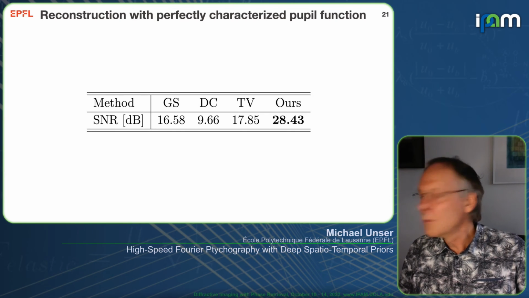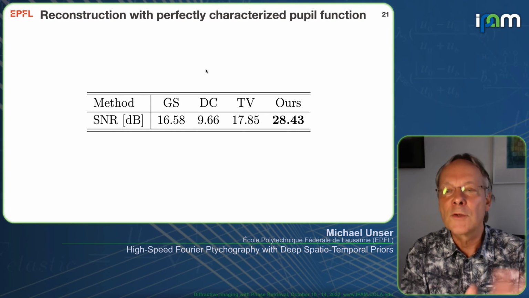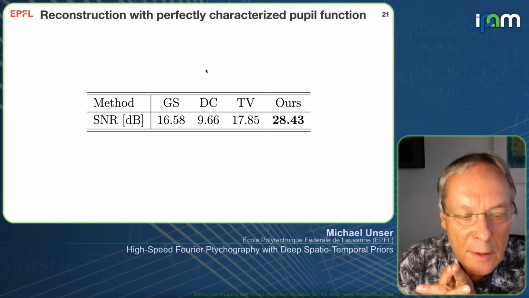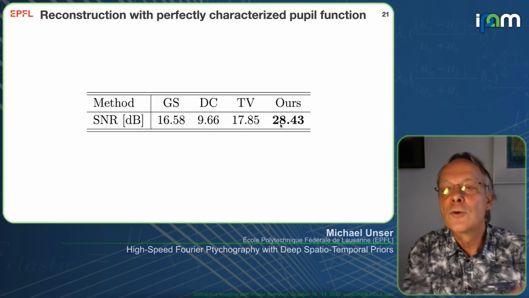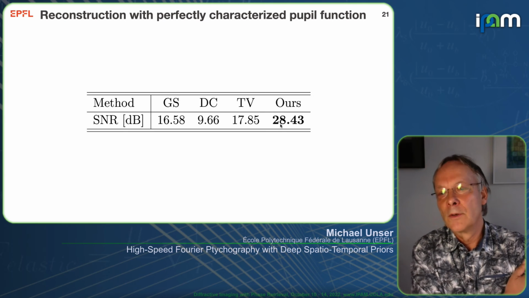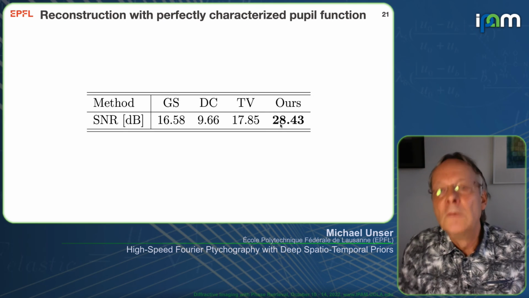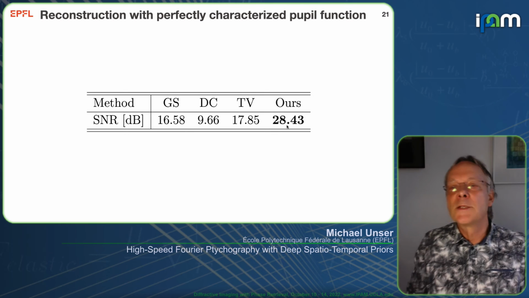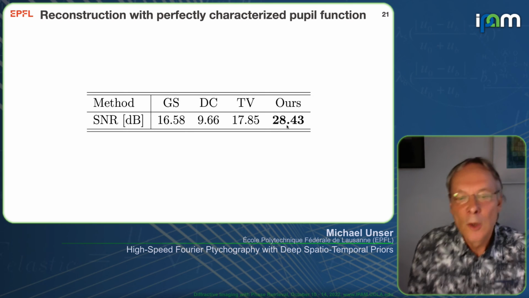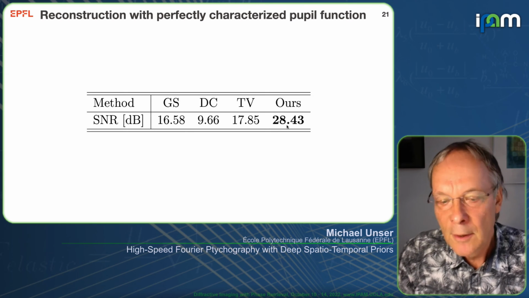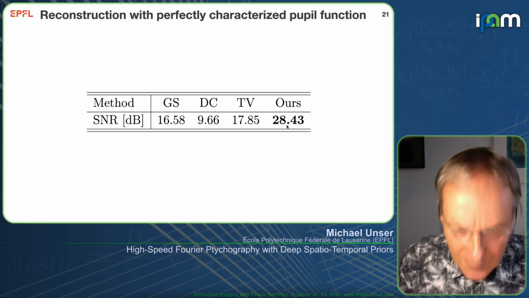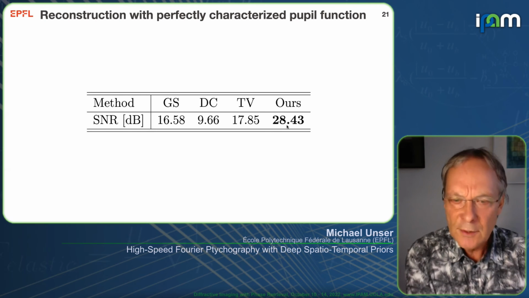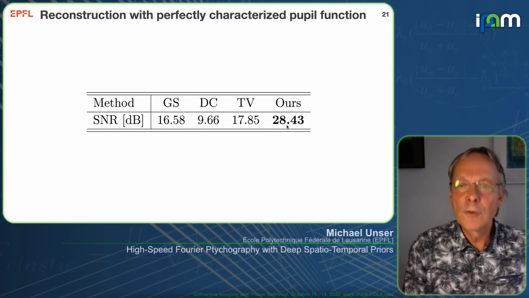Now, you saw visually that it looks much better, but we can also look at the signal to noise ratio, and there I must say there's an amazing 10 dB improvement over the other methods. You could say a little due to the magic of this deep prior, that induces this spatio-temporal regularization.